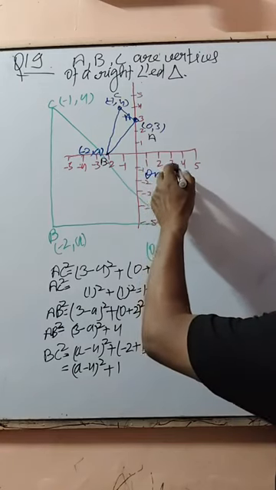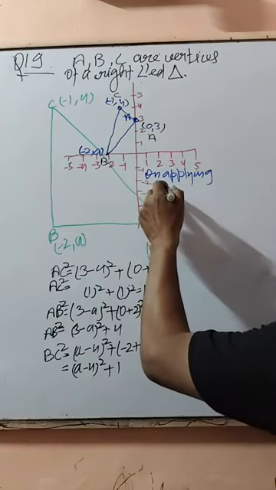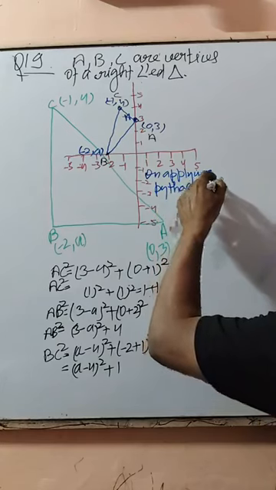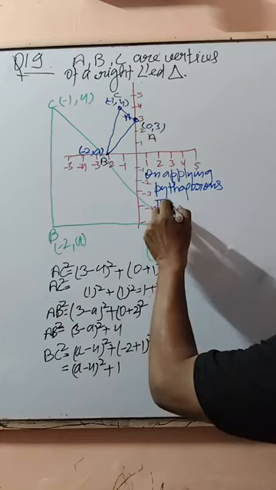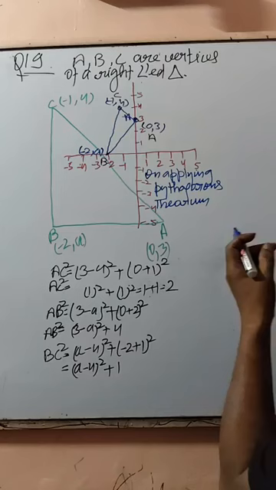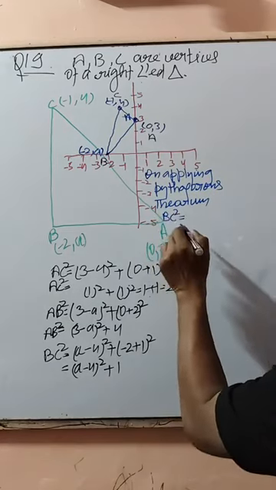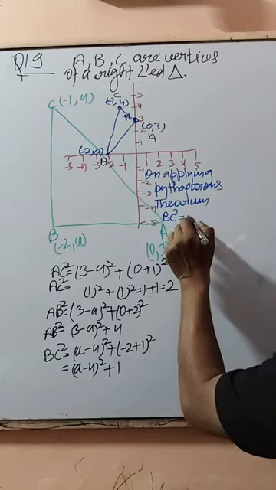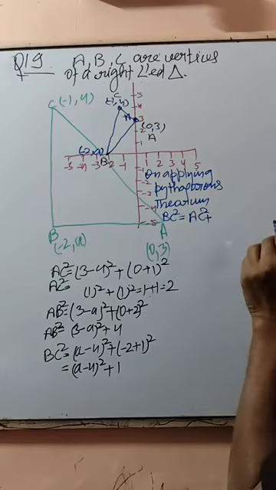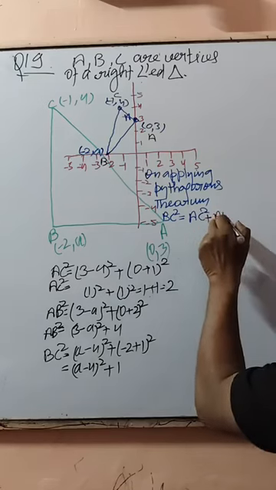Now on applying the Pythagoras theorem, BC square is equal to AC square plus AB square, right?